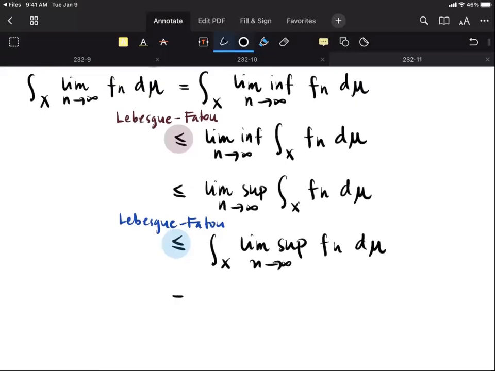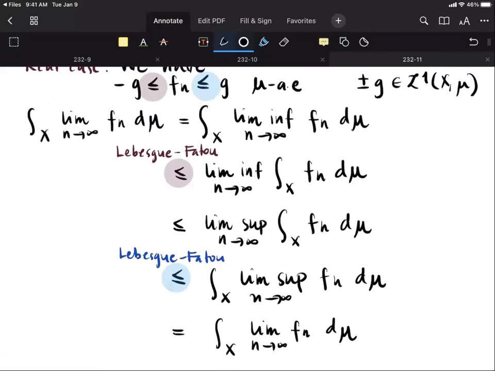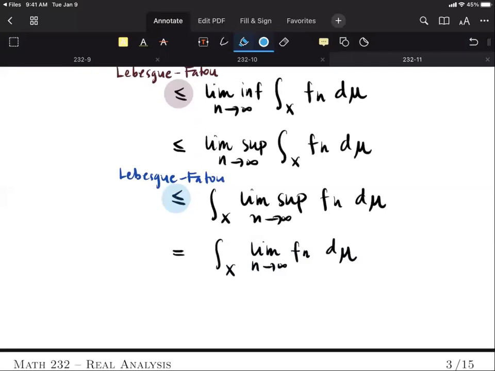Okay, so we know that the limit of f sub n exists pointwise. So the limit superior is also the limit inferior. So we end up with what we started. In other words, we have these two same terms here. Therefore, all terms are equal by transitivity.